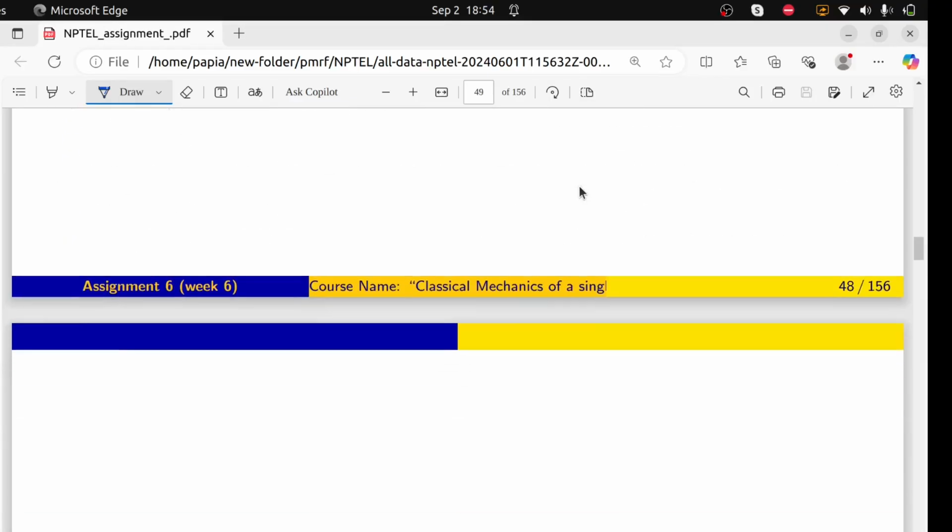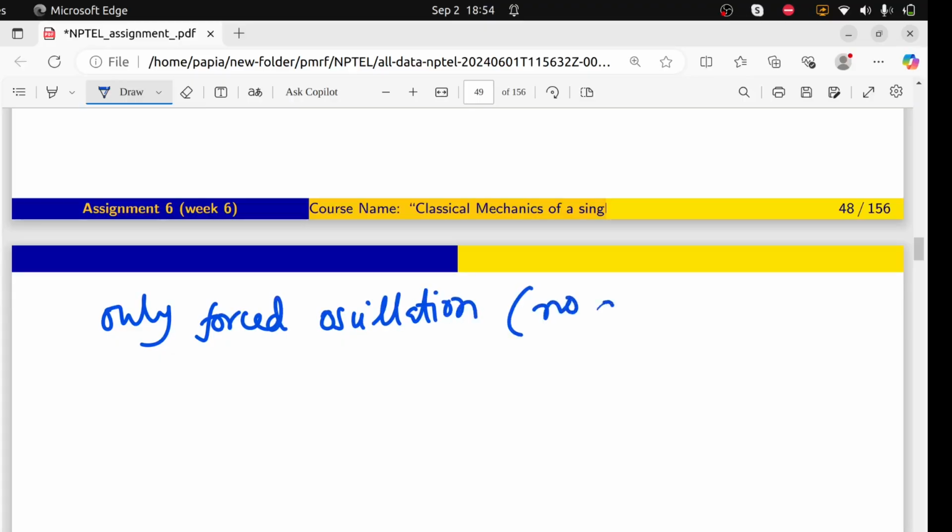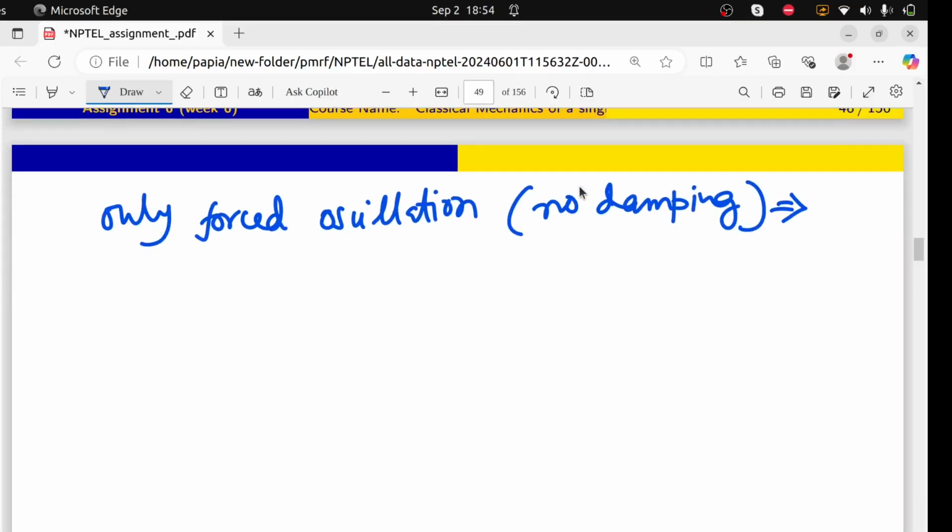So first of all, we just need to write here only forced oscillation, no damping. In that condition, our equation of motion is this one.